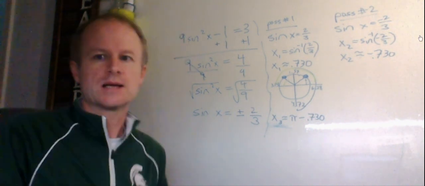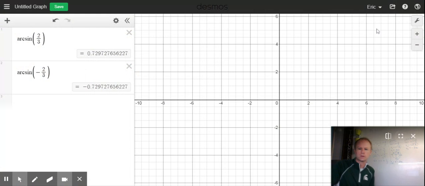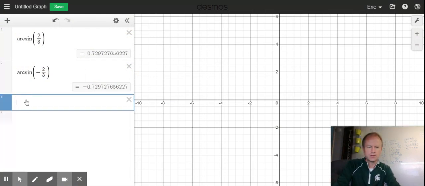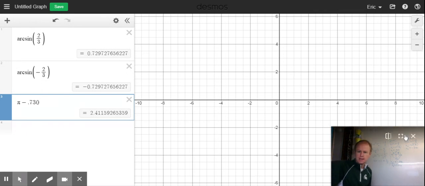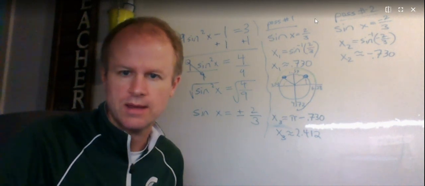So back to Desmos, and if we work through that in Desmos, pi minus 0.730, and that gives me 2.412. So x3 is about 2.41. All right, so that's my second answer that goes in that area.